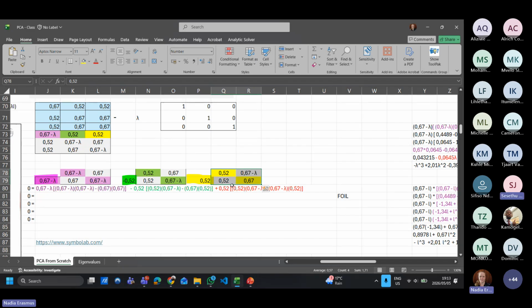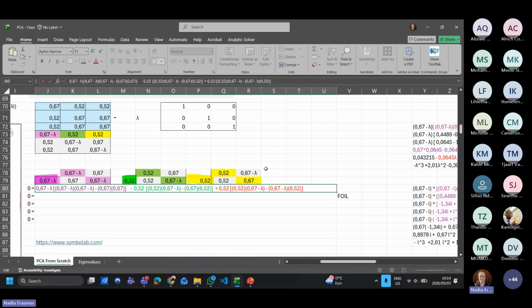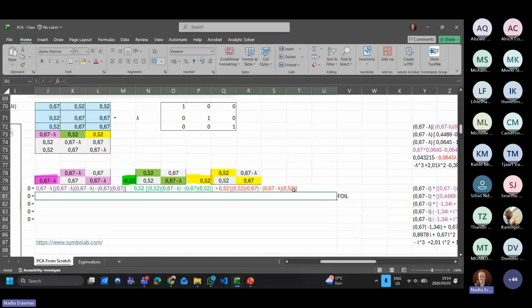Okay, let me double check. 0.52 multiplied by 0.67 without the lambda. Let me check this one. Ah, thank you. You picked up on it. That is correct. Yes, that was incorrect. Well done. Otherwise, I would have done all of this over. Well done for picking up that one.